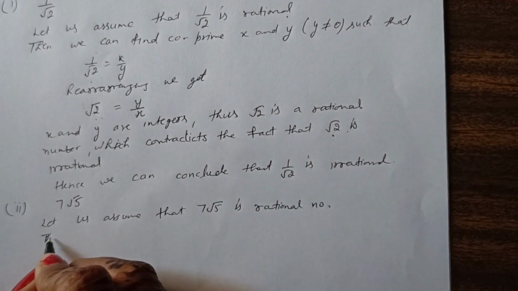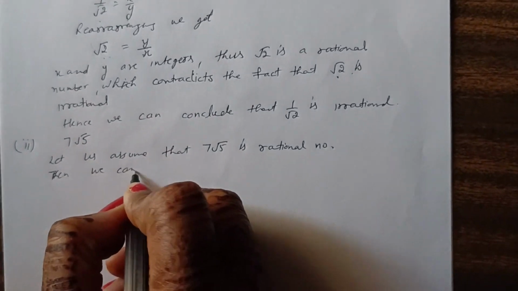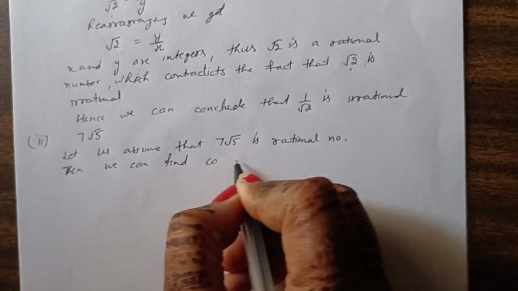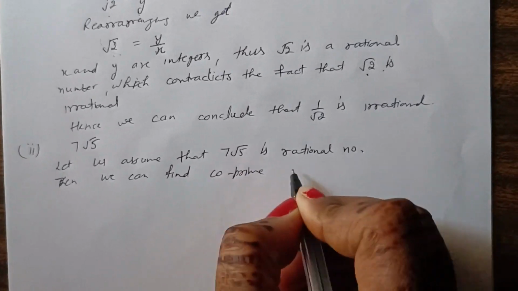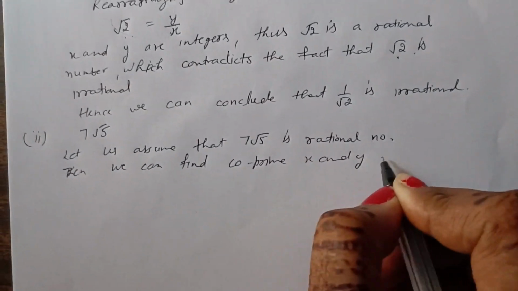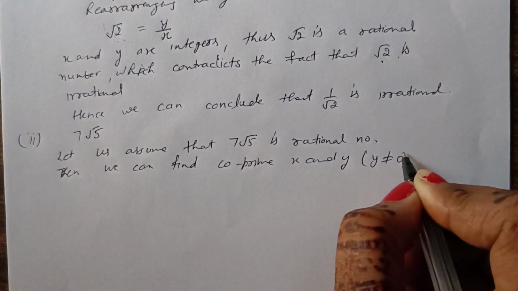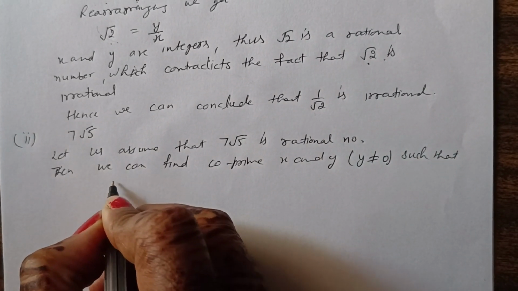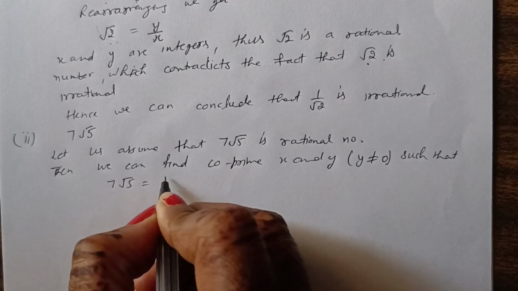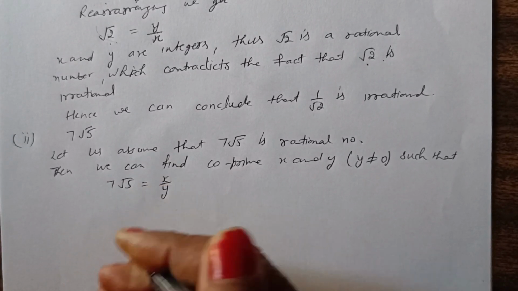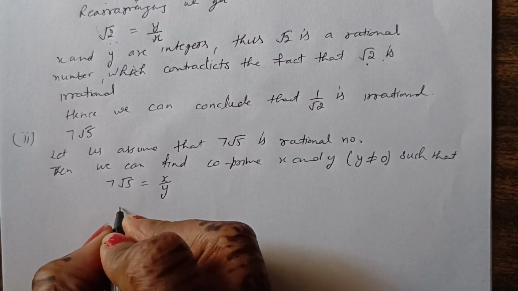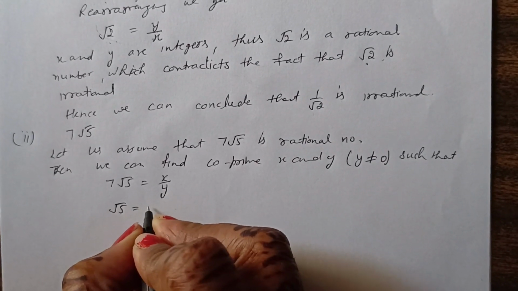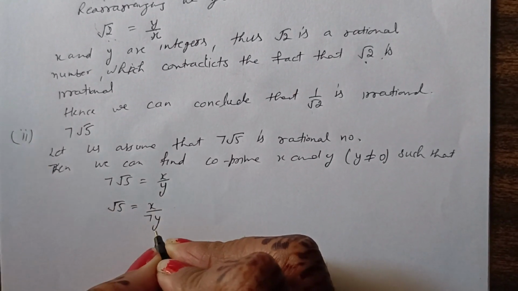Then we can find co-prime x and y, y does not equal to 0, such that 7 root 5 is equal to x upon y. When we rearrange this, root 5 is equal to x upon 7y.